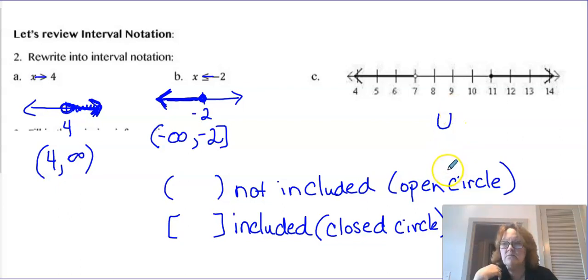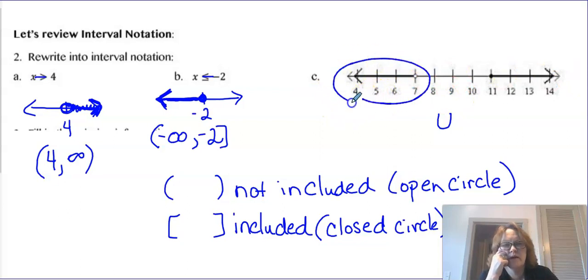Actually, I take that back, it means or. We use the word or for this. Because it could be this part over here, or it could be this part over here. If we said and, we would use a different symbol, and then it would be nothing because you can't have less than 7 and greater than 11 at the same time. So we just take this in different parts.